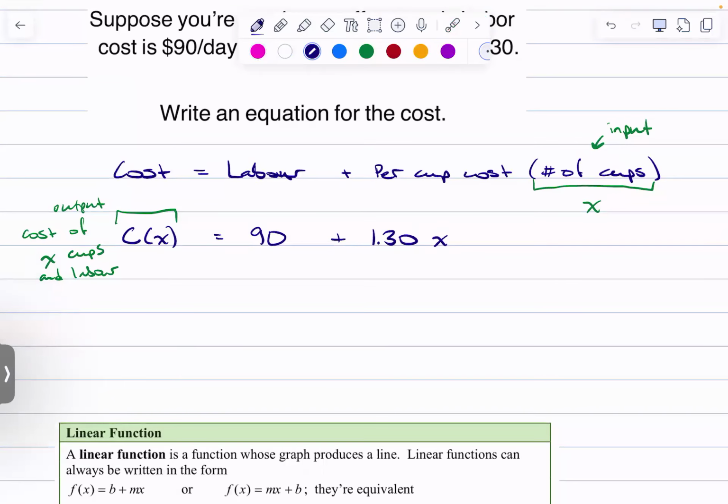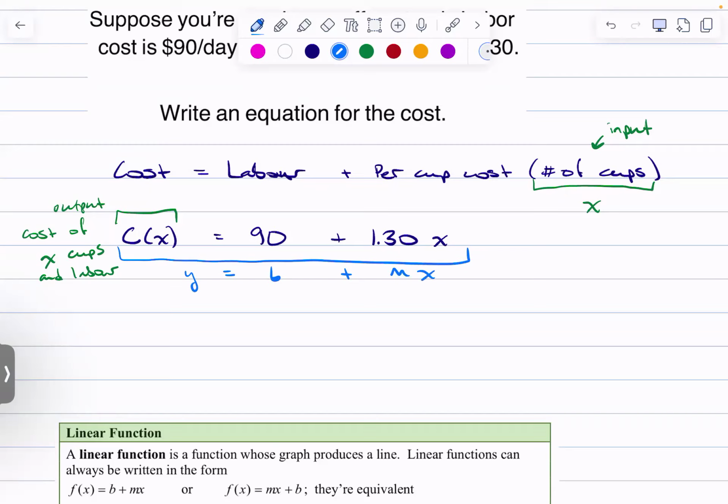Notice this is the same format, and I guess I should include the C of X. This is the same format as y equals b plus m times x.